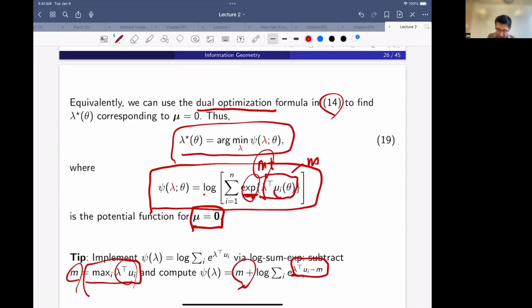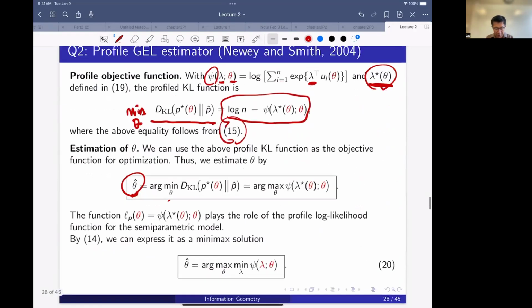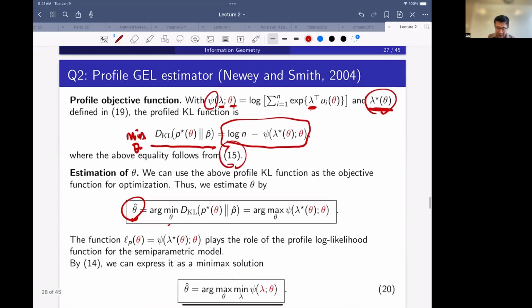Given theta, we determine lambda from 19, then plug into our Kullback-Leibler, and it turns out that this is our optimization problem, which is actually maximizing psi of lambda star theta.